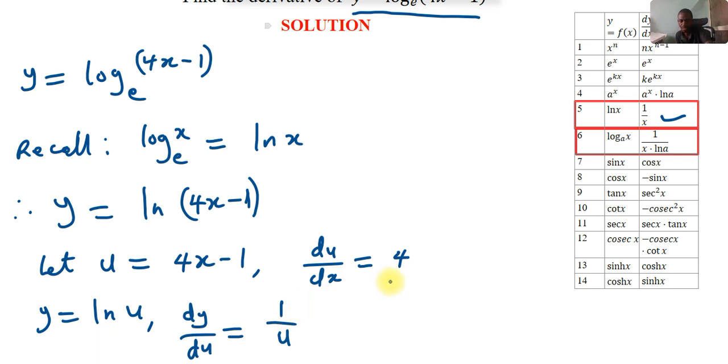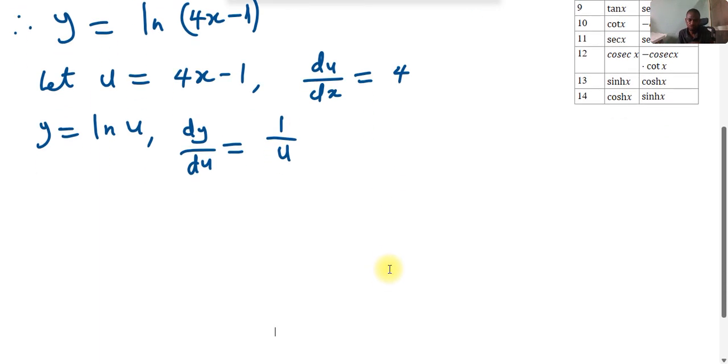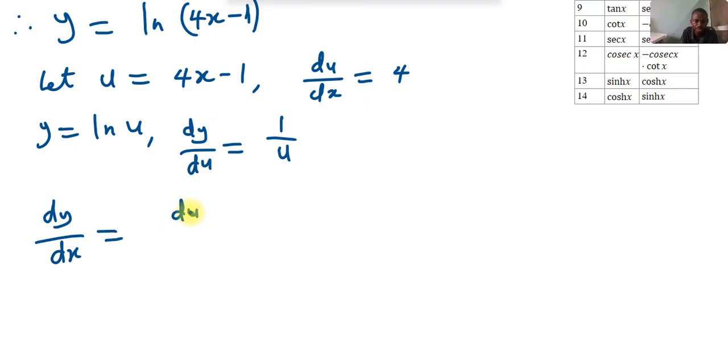So that is how it works. So now I will have my chain rule. We have dy/dx equal to dy/du multiplied by du/dx.